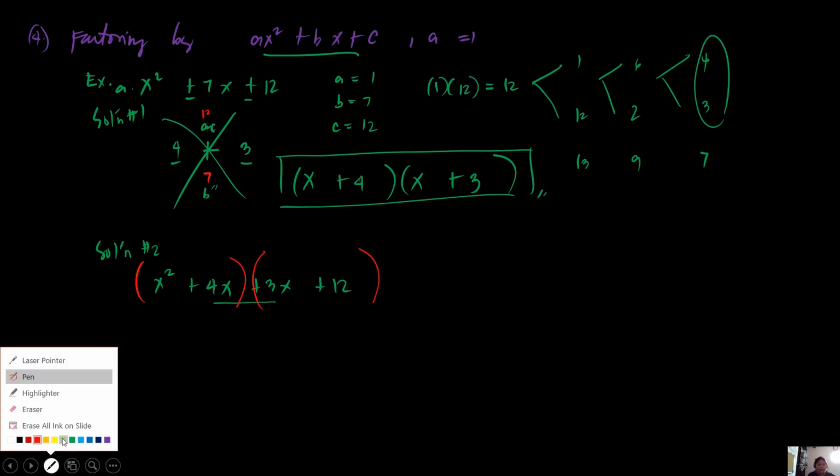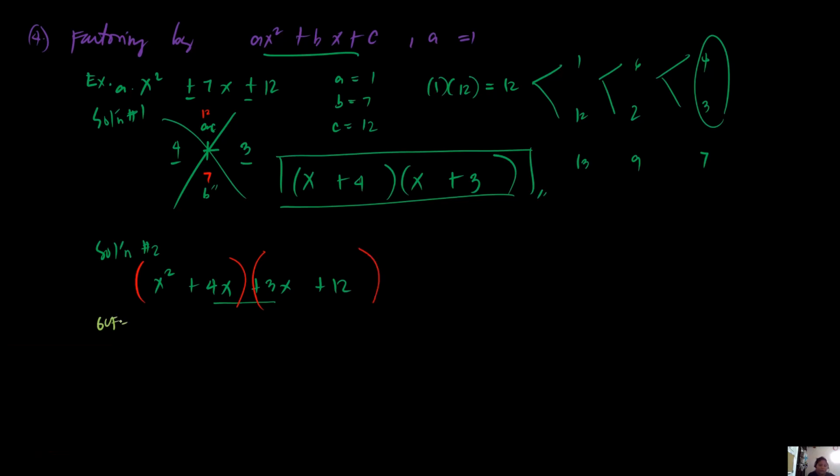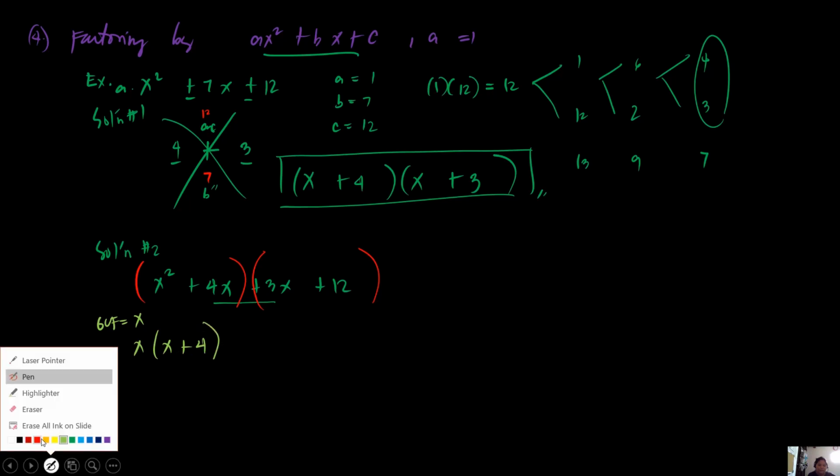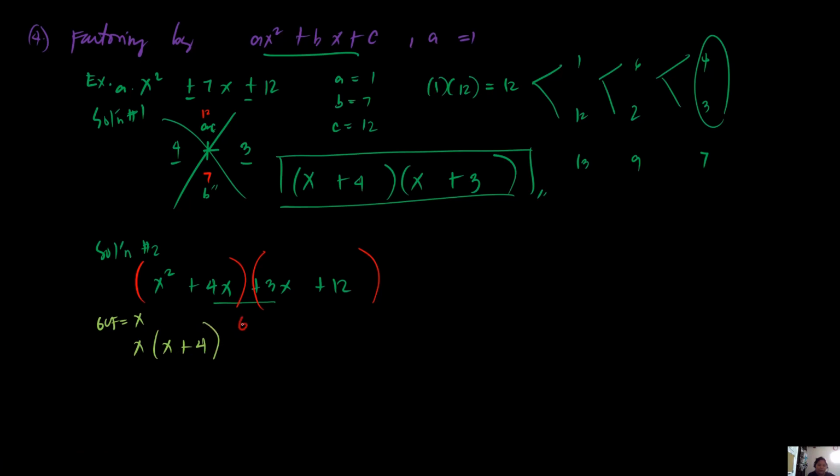Okay, then let's find the GCF. We will have here x. So x, quantity, x plus 4. Let's do the other one. The GCF is 3. We have positive 3, quantity, x plus 4. Common factor is x plus 4.